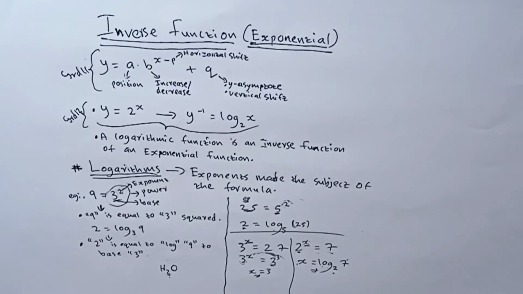See you on the next video where we are going to convert an exponential function onto an inverse of it, which is going to be a logarithm function. So a logarithmic function is nothing but an inverse of an exponential function.